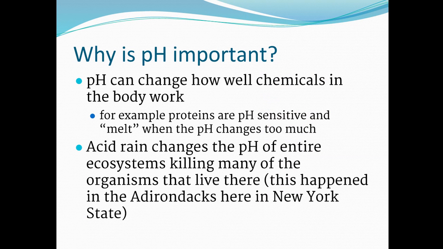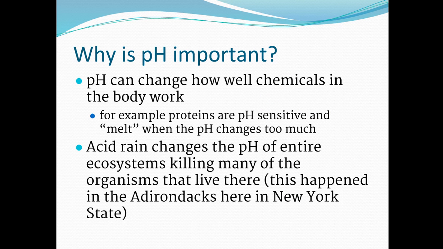Now, the question is, why is pH important to us in biology? Well, one of the most important things that pH influences is the proteins in our bodies. Proteins are pH sensitive, which means they work best at a certain level of acid or base.